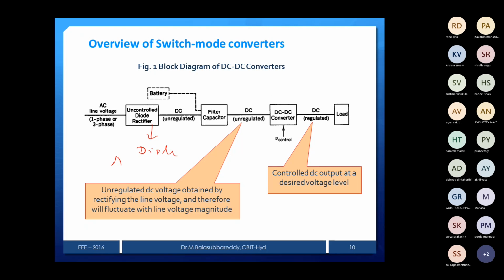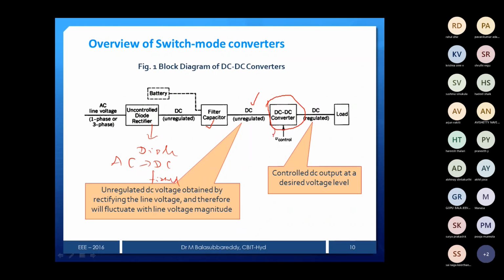The diode rectifier converts AC to fixed DC. That's why we do not say this is a variable voltage; it is an unregulated voltage. Now we use a filter to filter out the harmonics, and still after the filter it is unregulated. Now you make use of this DC to DC converter.